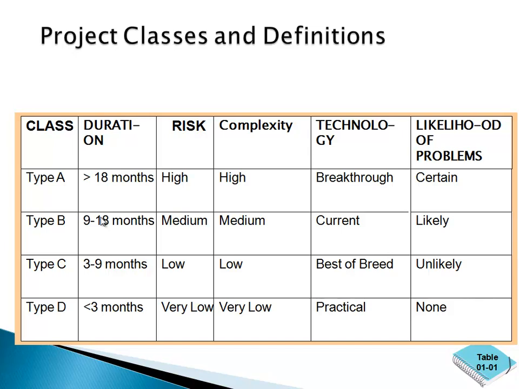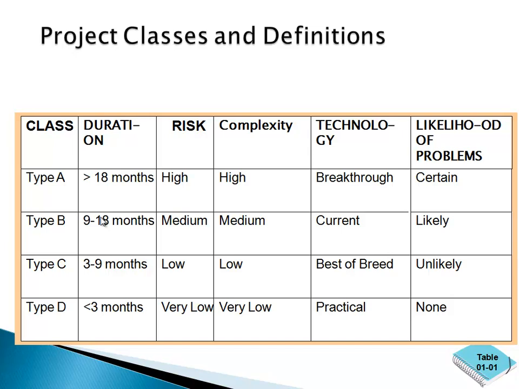Type A is greater than 18 months duration with high risk, high complexity, and breakthrough technology with a very high likelihood to have problems in the project. Type B is from 9 to 18 months, which has medium risk, medium complexity.